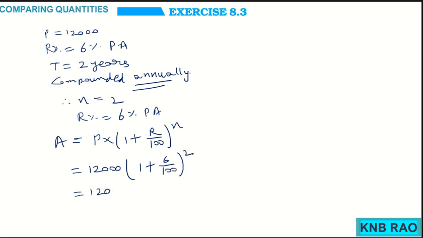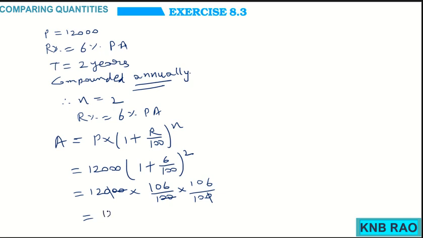Now 12,000 into 1 plus 6 by 100 is 106 by 100 raised to the power 2, or square, nothing but multiplying it by itself twice. Now these two zeros are cancelled, this 100 cancelled with this. Now 12 into 106 into 106 by 10.